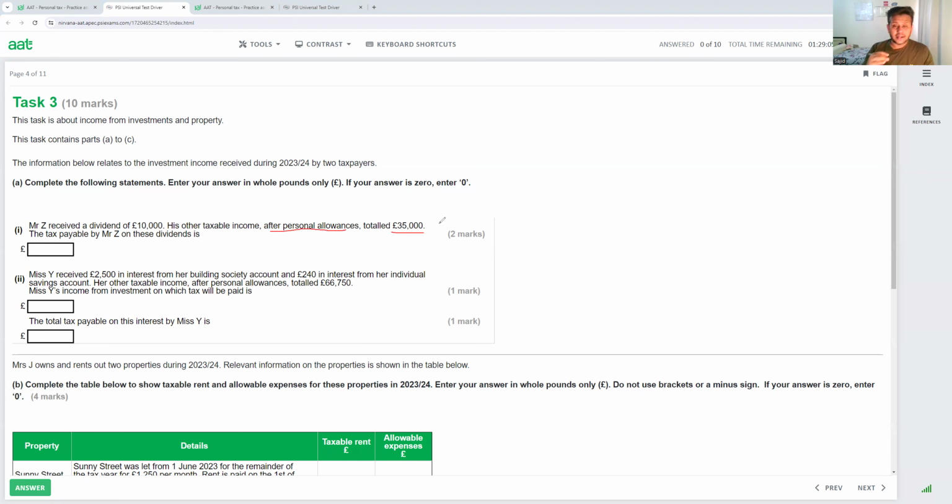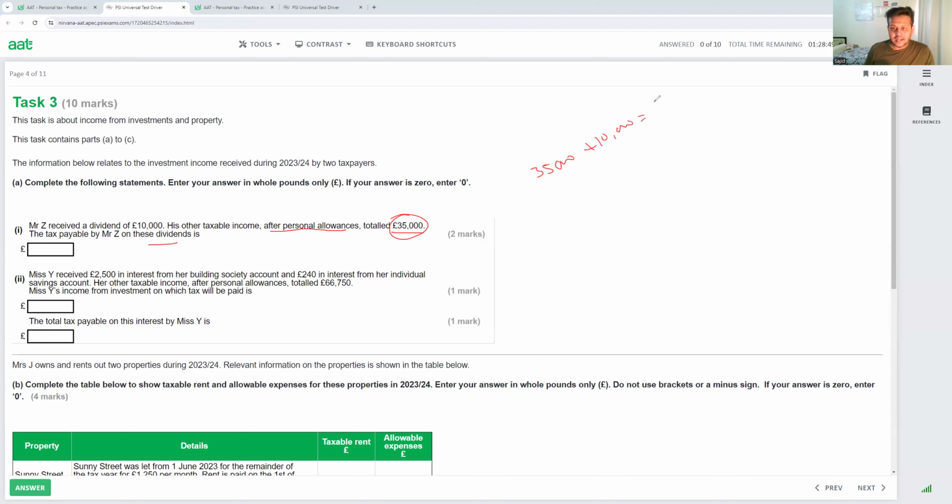So I'm below my basic band threshold. The question is the tax payable by Mr. Z on the dividend. Remember that the 35,000 could be employment, bonus, pension, anything, plus 10,000 from the dividend.